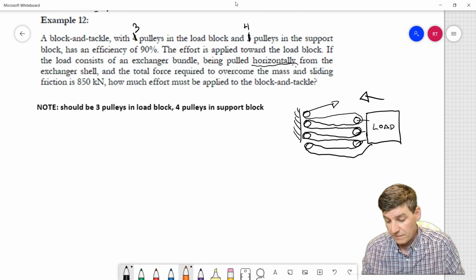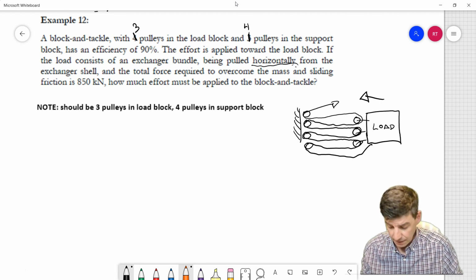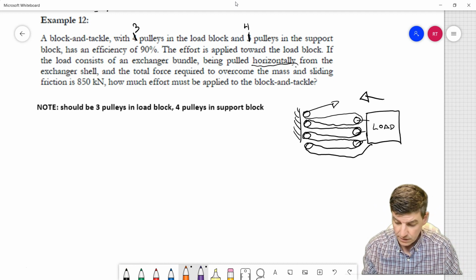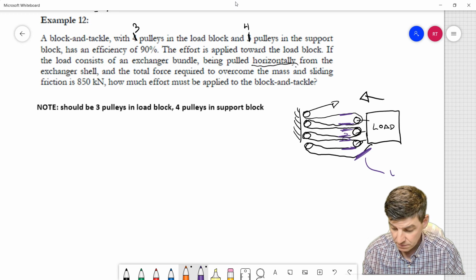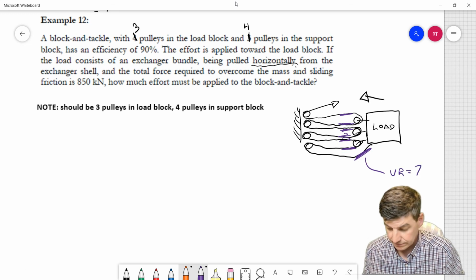Okay, so if I'm figuring out VR, a couple of approaches, right? We can count up all of the lines that are supporting the load directly. So 1, 2, 3, 4, 5, 6, 7. Okay, so that approach is going to tell me VR is 7.